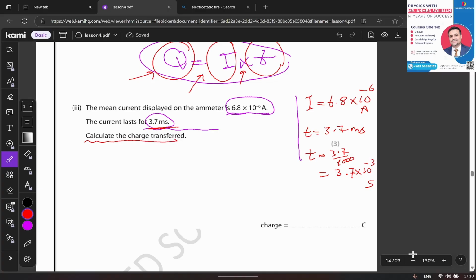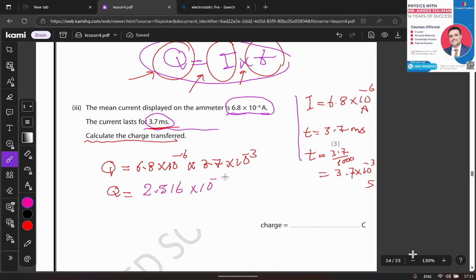So what is the symbol of a charge? Q. Yes, Q equals I times T. Now you can use your calculator. 2.516 times 10 power negative 8.